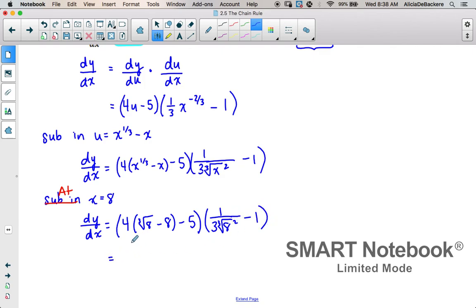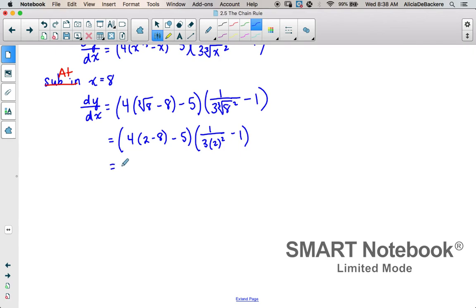And now we just have to evaluate everything. Cube root of 8 is 2. And down here as well, the cube root of 8 is 2. And so we've got 4 times negative 6, that's negative 24.